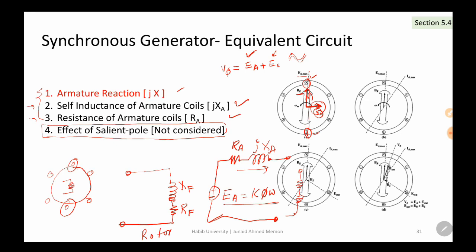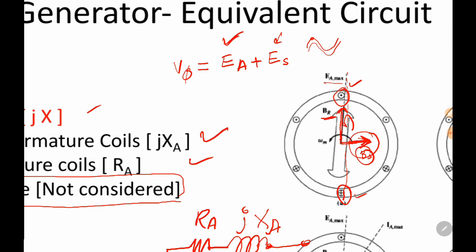And let's think about how we can model the ES, which is the voltage being generated because of the armature reaction. One thing that we know from the way we have just discussed and described how it is generated is that ES is proportional to IA, your load current.